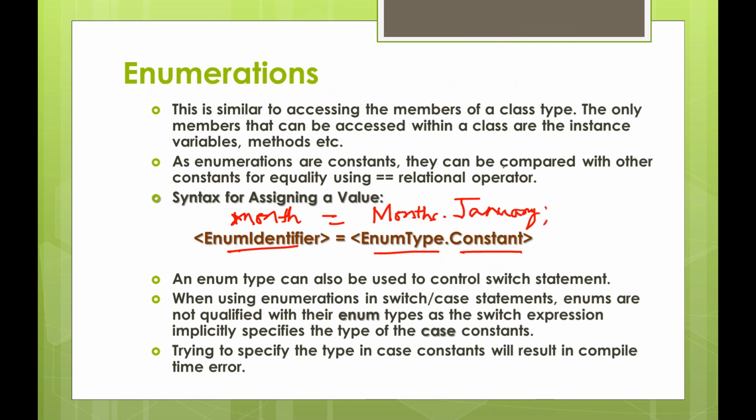So what allowed us to use this enumeration type directly? We are directly accessing it, right? Can anyone think of why we are accessing enumeration type dot constant? Can anyone think and tell me?